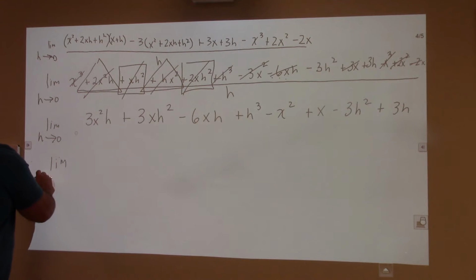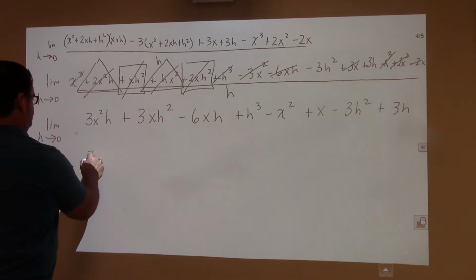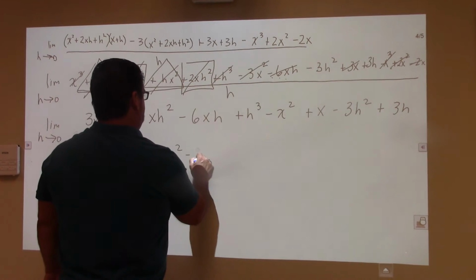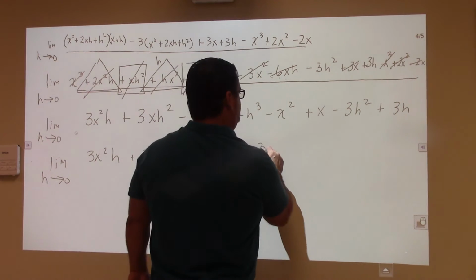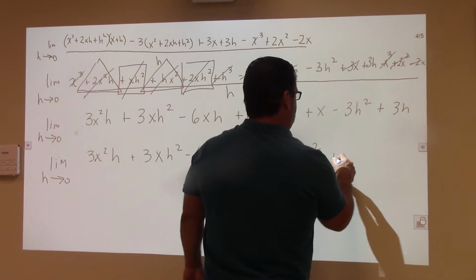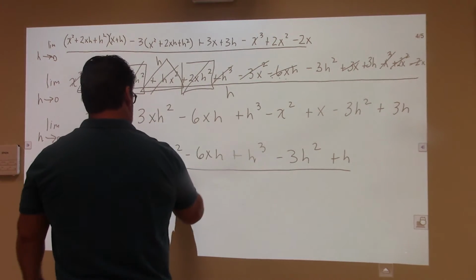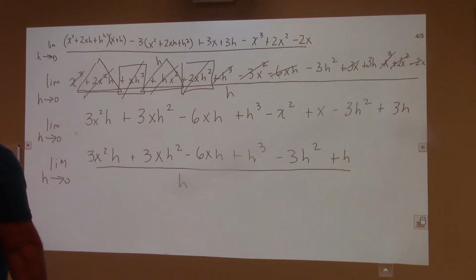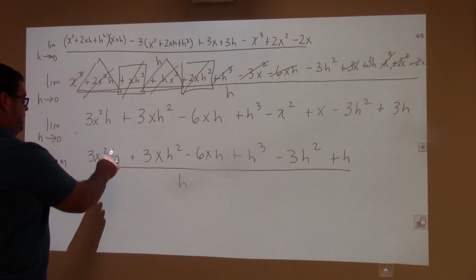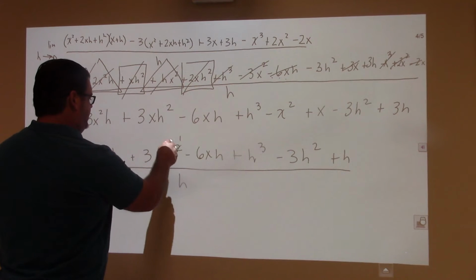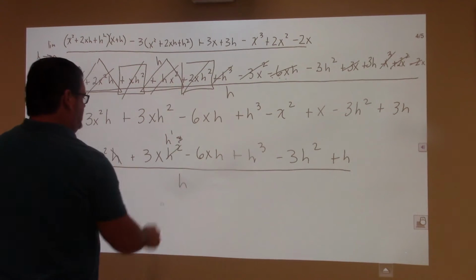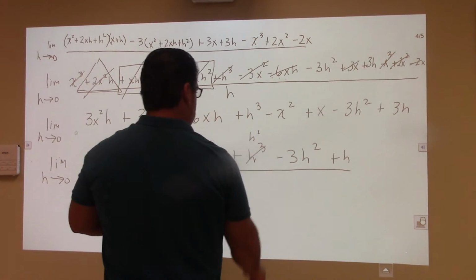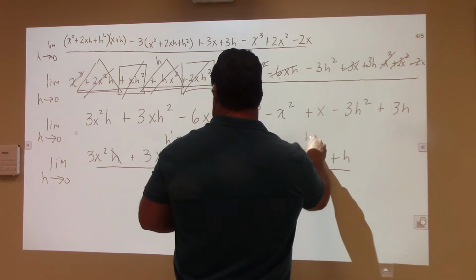Limit as h approaches 0, 3x squared h plus 3xh squared minus 6xh plus h cubed minus 3h squared plus h, all over h. I'm just seeing if we're getting close to what we're supposed to have. So h, we'll take that one out, take this one, the h to the first. h goes out there, h squared, h to the first.